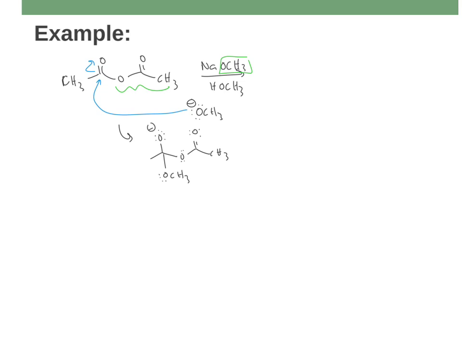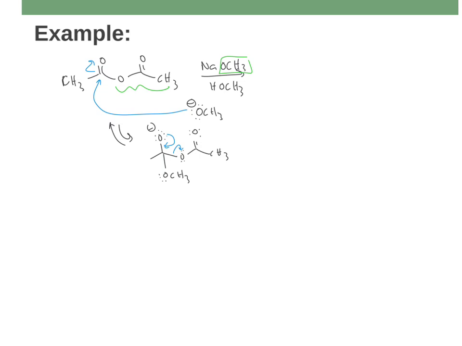Now, when I'm asking what group will leave when the oxygen's electrons come back down, again, I'm going to look for the best leaving group. Is it going to be the CH3? No, because that's a negative carbon. Is it going to be the OCH3? That would be a negative oxygen. That's not terrible. That would be going backwards, but it's not terrible. Or would it be the other O, which is a negative oxygen, but it's going to be resonance stabilized?